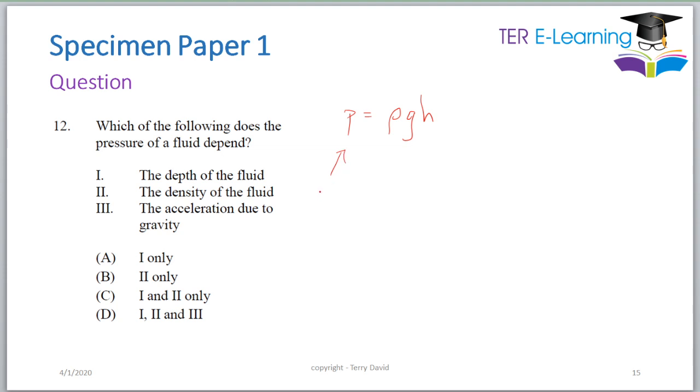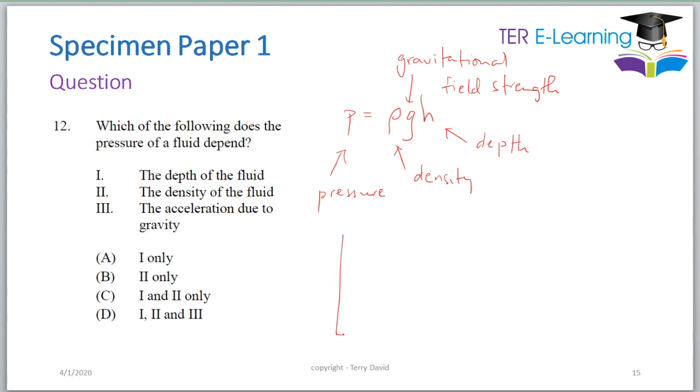Where P is my pressure, rho is the density of the liquid we are talking about, g is my gravitational field strength, and h is my depth in the liquid.